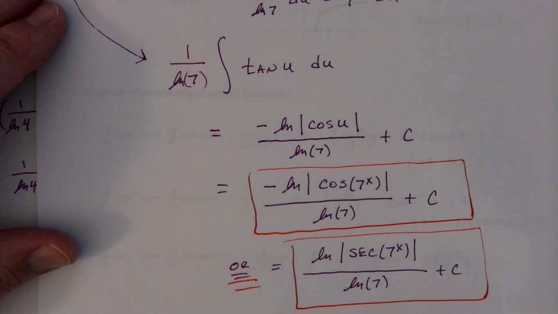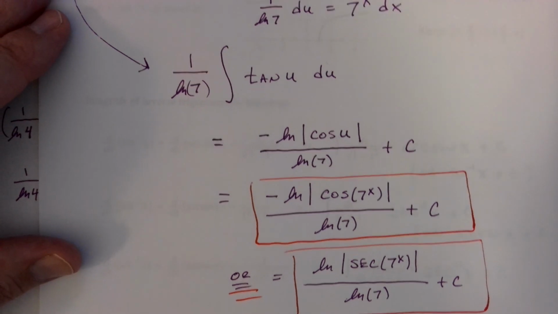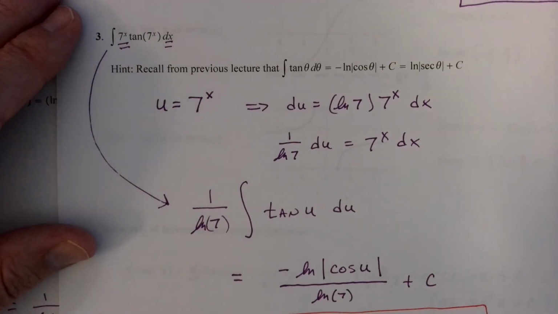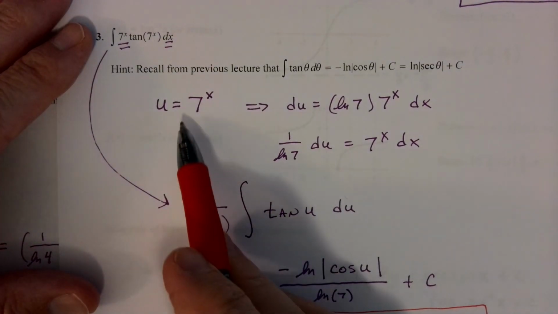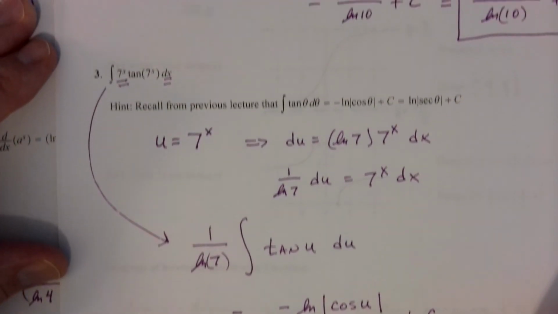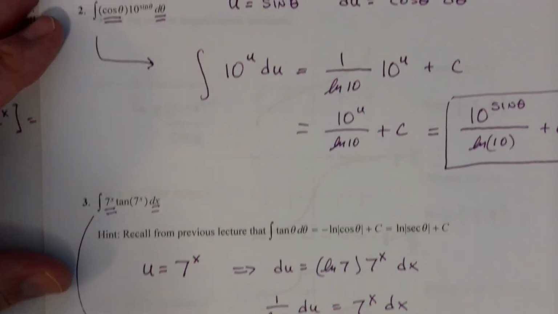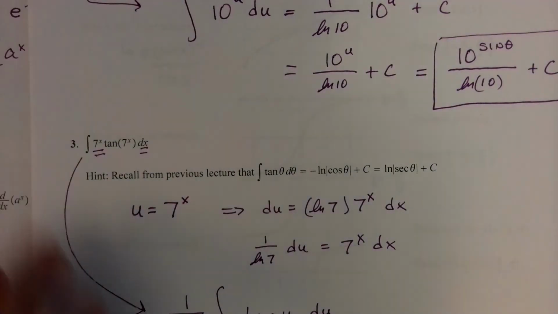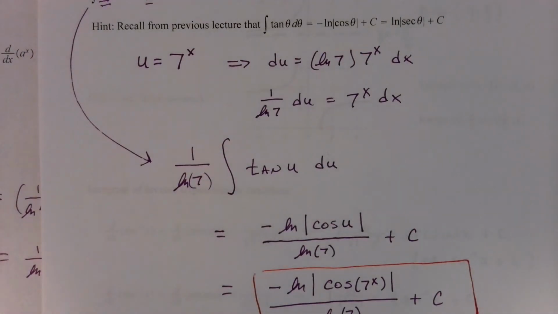So you'll need to spend a little time looking at these examples, trying the ones in homework. They all don't look the same, but you can see where the u substitution is very important to doing all of these integrals. Okay, we'll stop there, and we will continue to explore how to find antiderivatives.